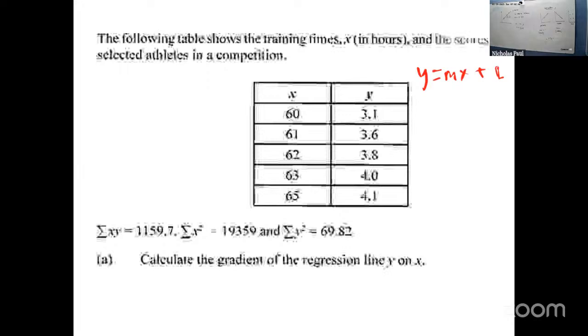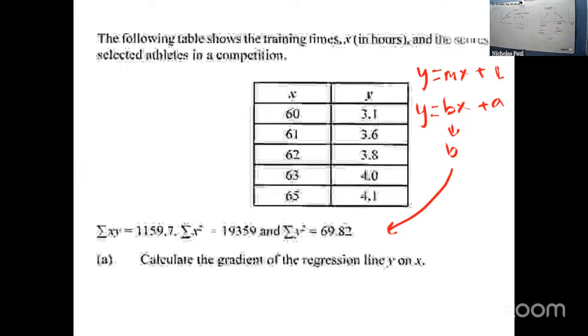So that'll be y is equal to bx plus a. So they want you to go back and find b, because b is the gradient. So you can go back to the formula from last day and work out b.